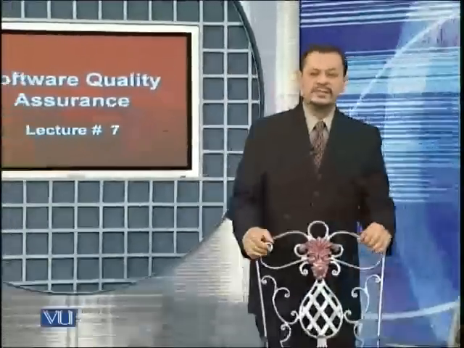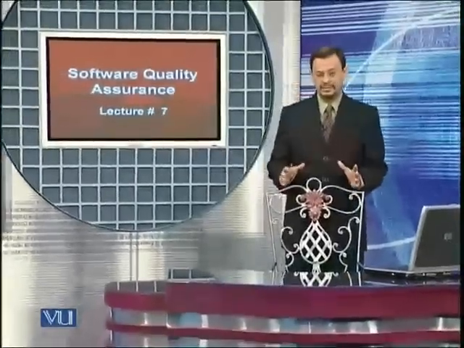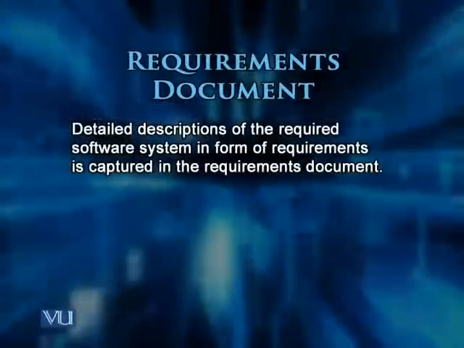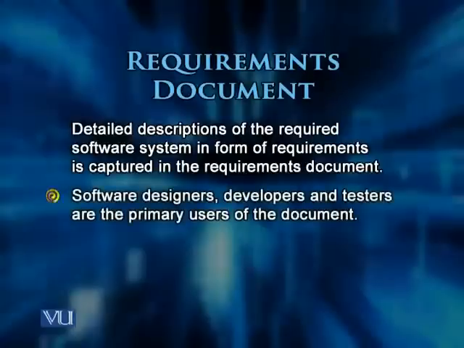The requirement specification results in the production of what is known as the requirements document. This is a very important document, and it contains detailed descriptions of the required software system in the form of software requirements. Designers, developers, and testers are the primary users of the document.